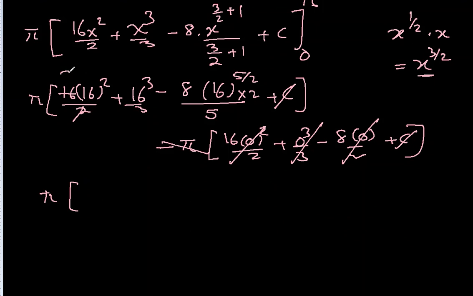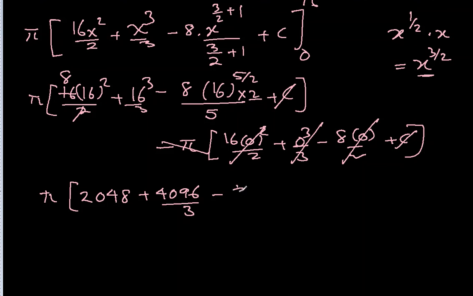2 and 16 cancel. 16 squared is 256 times 8 is 2048. 16 cubed is 4096 over 3, minus 8 times 2 over 5 times 16 to the power 5 over 2. Let me use my calculator to find this value.